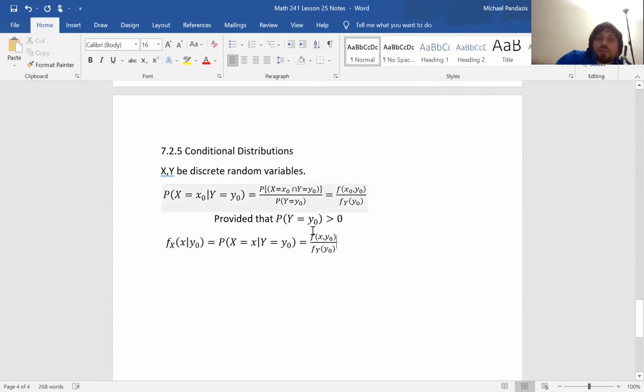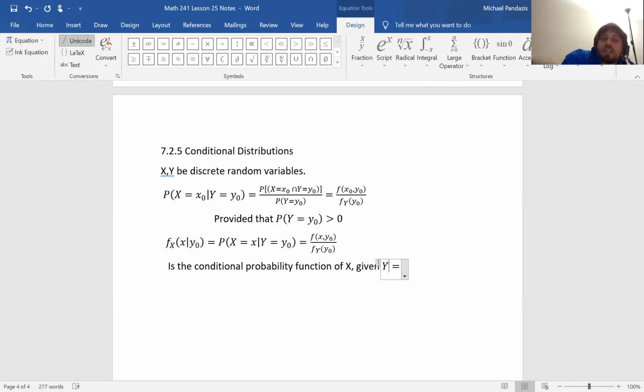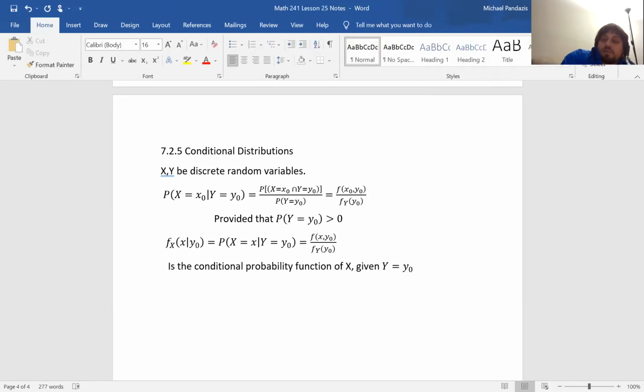And so we just have x comma y naught, and we have the same denominator here. And so this is the conditional probability function of capital X given y equals y naught.